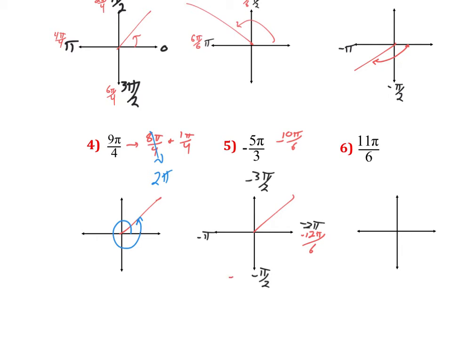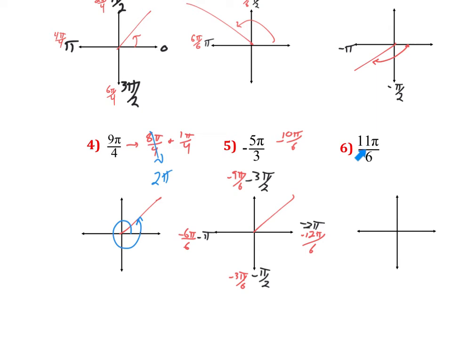Negative pi halves would be negative 3 pi over 6. This would be negative 6 pi over 6. Up here, this would be negative 9 pi over 6. So if you wanted that common denominator to kind of visualize where that would be. We will learn a conversion factor that'll kind of help us out with that.